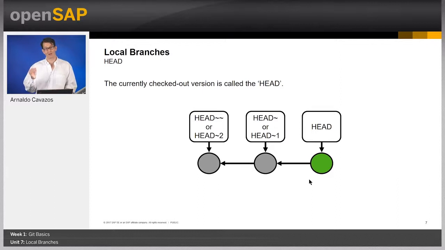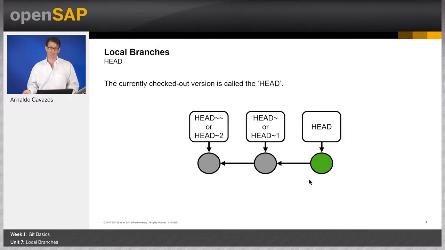Also, sometimes in error messages or discussions, you'll hear people talking about Git getting into a detached head state. And sometimes you'll perform certain operations and you'll see that in the message. A detached head state is what happens when the currently checked out version is not pointed to by any named branch.